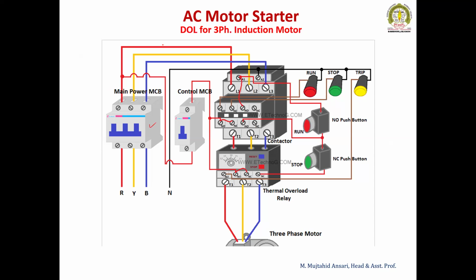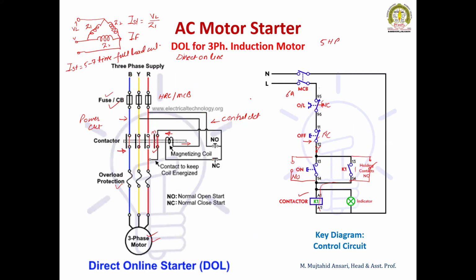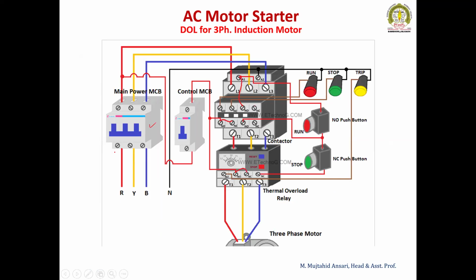Now this is the power circuit. RYB is the power circuit, which goes to the contactor terminals L1, L2, L3. The second contactor terminal comes here, connected to the overload coil. So this is the contactor, and second is the overload coil.